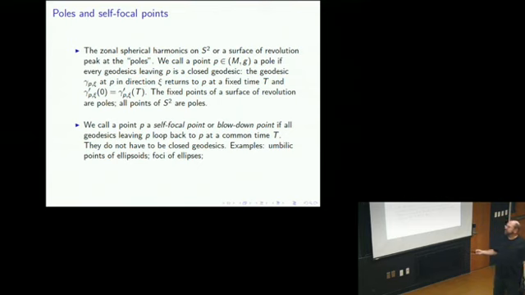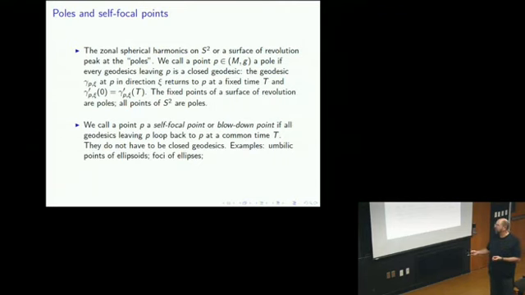But it's possible also for all the geodesics to leave a point and then return to the point and make a loop, which is not a smoothly closed geodesic. So I'll call a pole one where they're smoothly closed, and I'll just call it self-focal or blowdown if they just loop back.